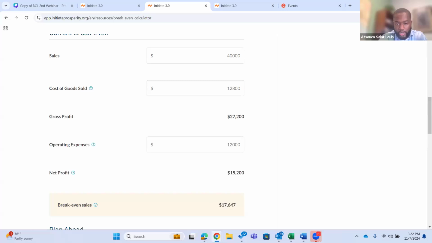And break even, which is right here, $17,647, what that essentially tells Damien is, hey, you need to at least make $17,647 to not lose money, right? Just to be able to pay the cost of goods, just to be able to pay your operating expenses, and then you can grow from there.